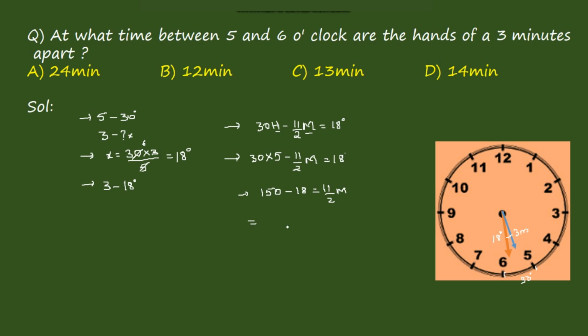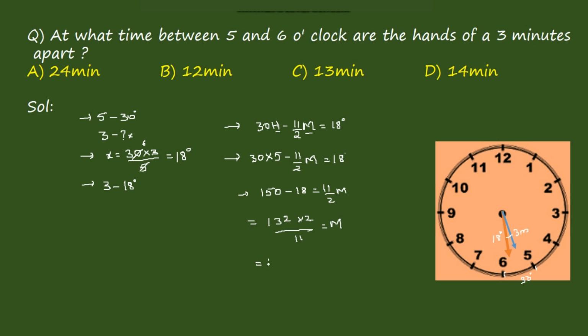Which is equal to 132 into 2 by 11 is equal to m.